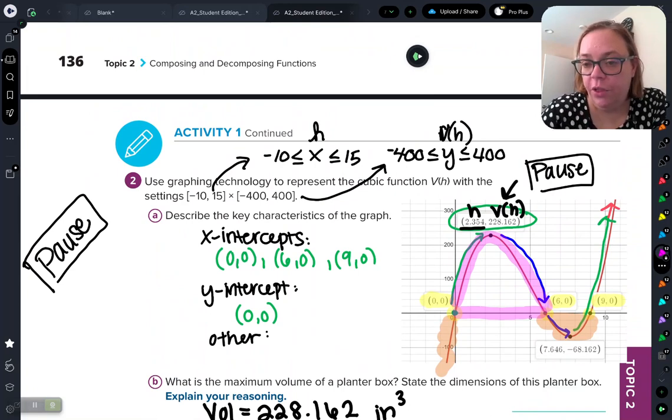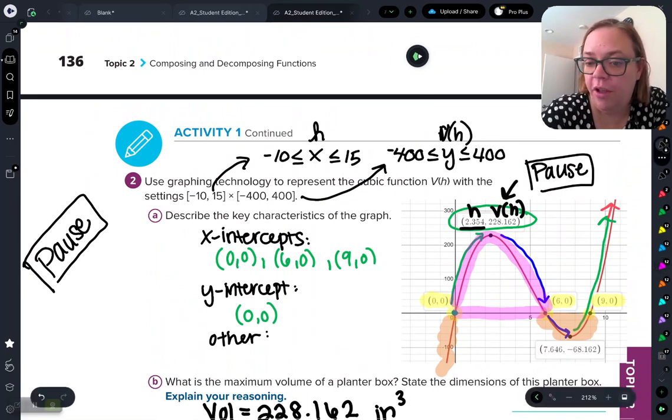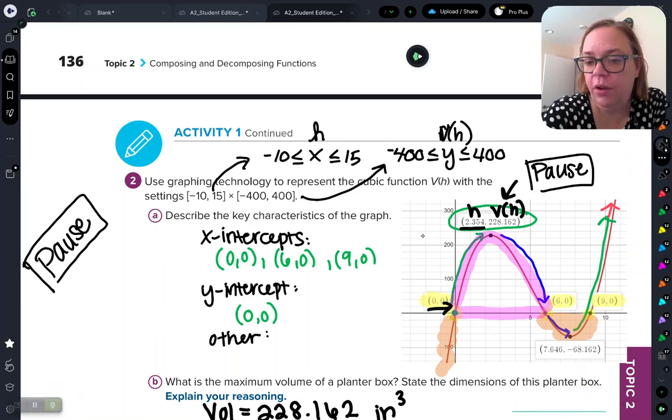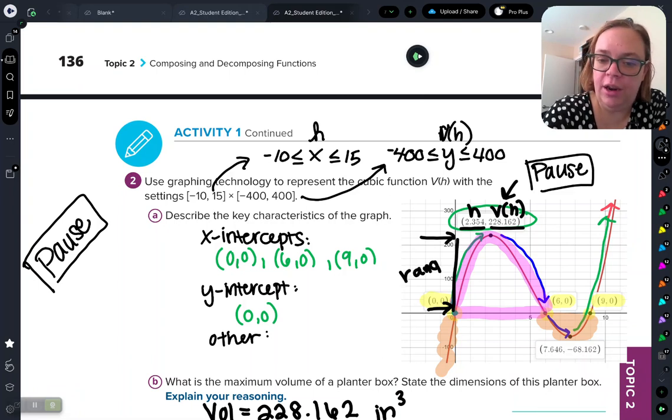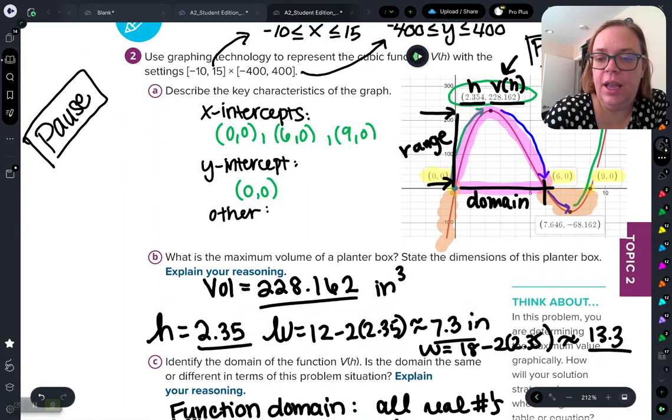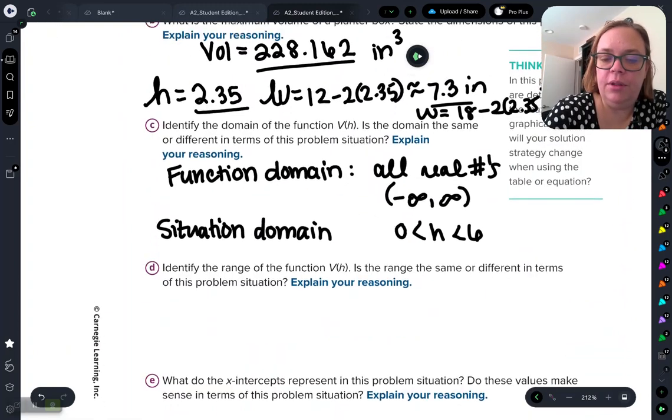So the range is going to go from a volume of 0 to a volume of about 228. So your realistic range is in here, and your realistic domain would be the one between 0 and 6 in here.